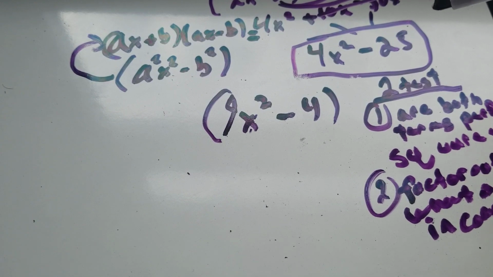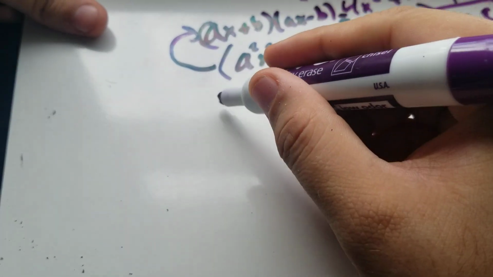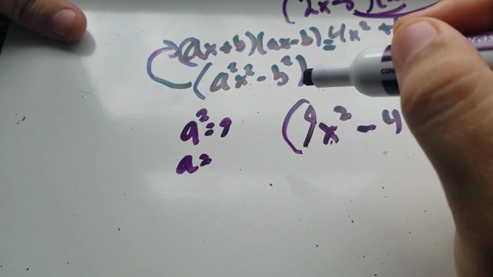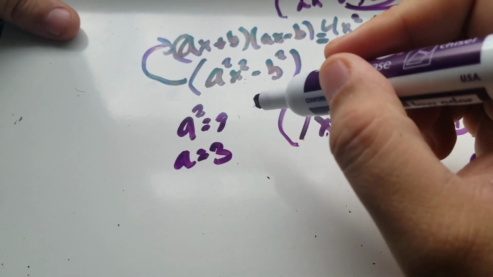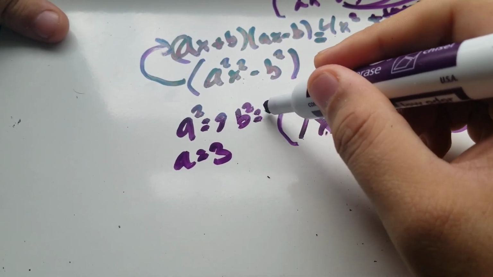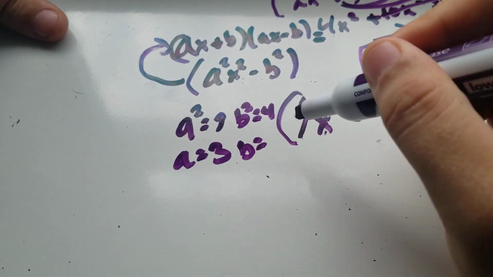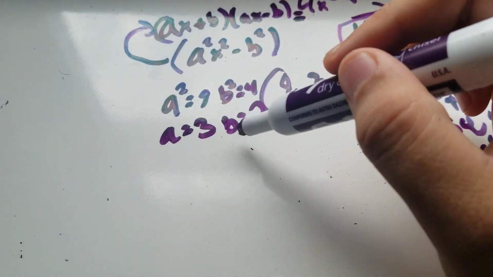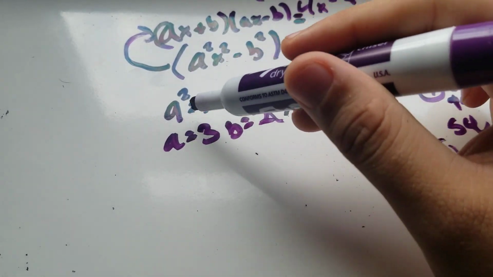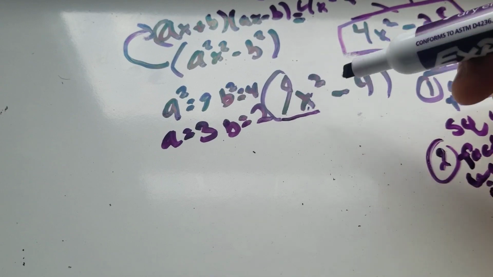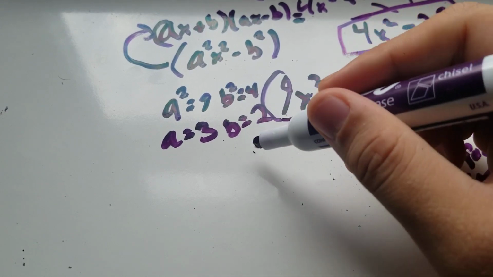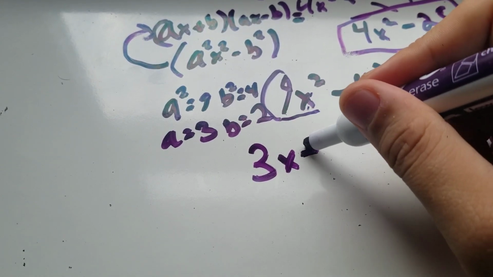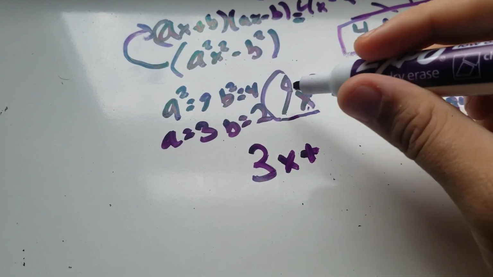We can now do the special polynomial. So if we know a squared equals 9, what would a just be? Well, it would be the square root of 9, which is 3. And if we know b squared is 4, what would b be? Well, the square root of 4 is 2. You don't have to draw this part every time you do the problem, but I'm just pointing out that 9 is the square of 3, x squared is the square of x, and 4 is the square of 2.